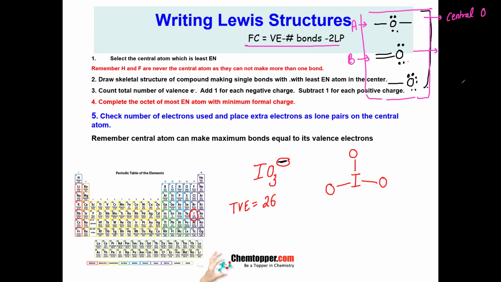Gautam, you are doing the wrong calculation. Valence electrons are 6, number of bonds are 2, lone pairs are 2 times 2, so it's 0. This is the oxygen with 0 formal charge and is not in the center.